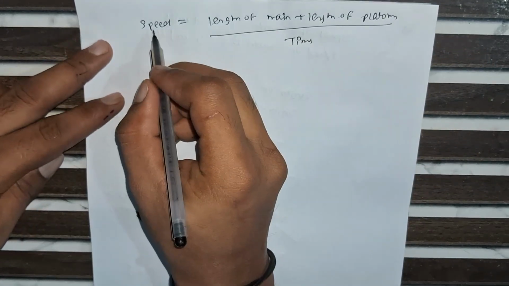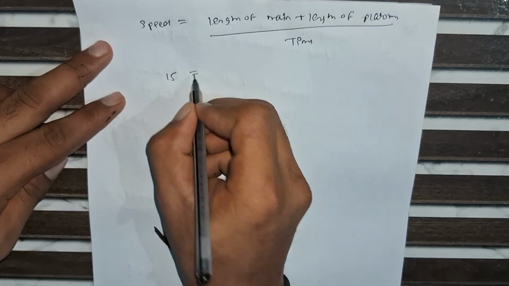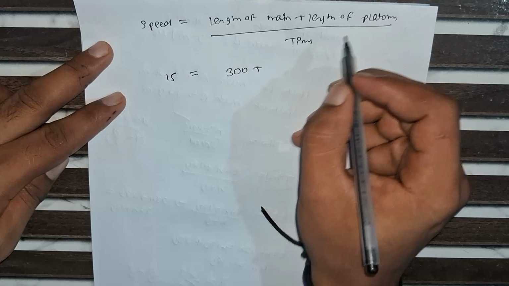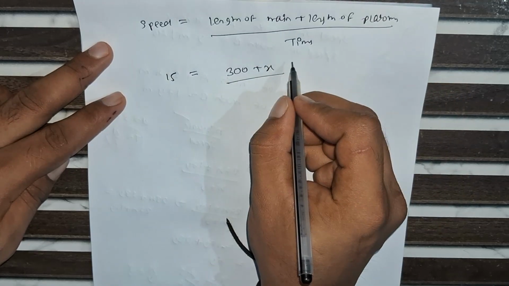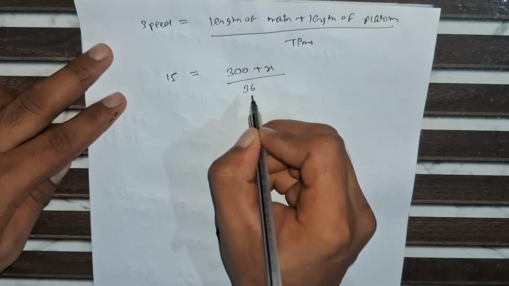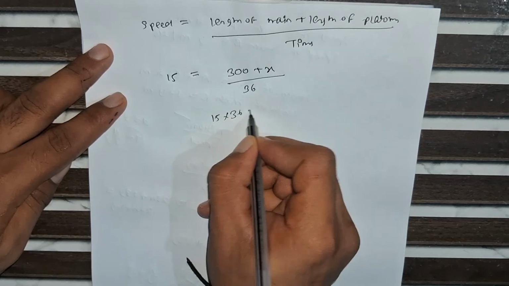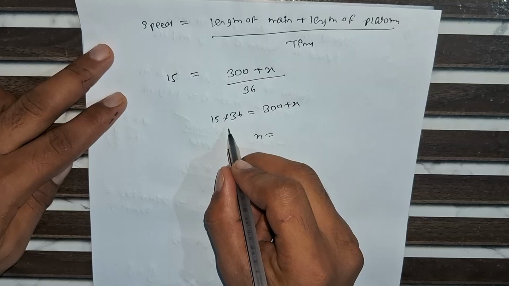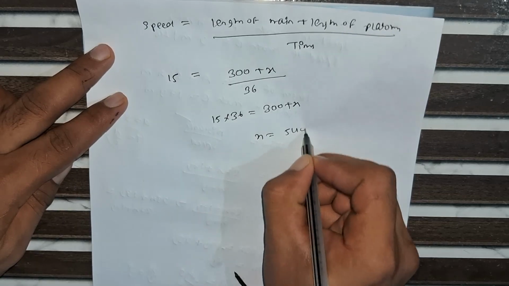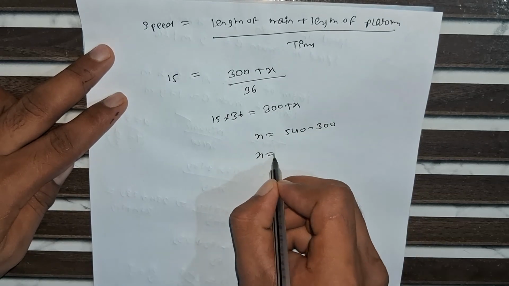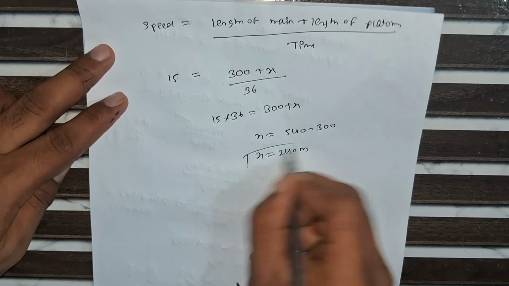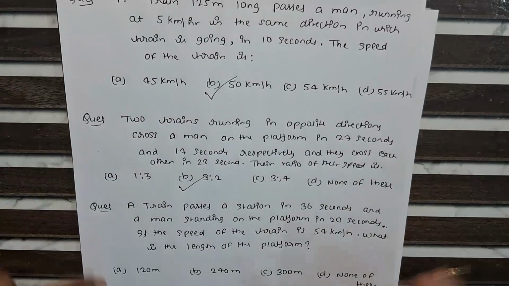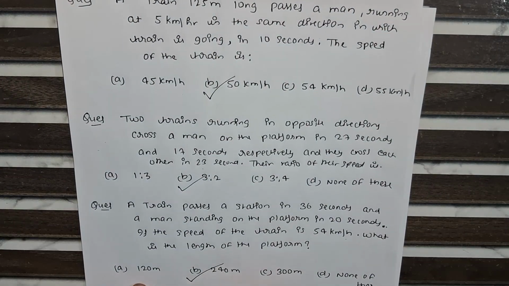We already got the speed, which is 15, equal to the length of the train, which is 300, plus the length of the platform, which we have to find. We consider this as x, divided by the time given in this question, which is 36. So now 15 into 36 equals 300 plus x. So x equals, when you multiply it, 540 minus 300. So x equals 240 meter. This is the length of the platform we have to find in this question. So option B is the correct answer.